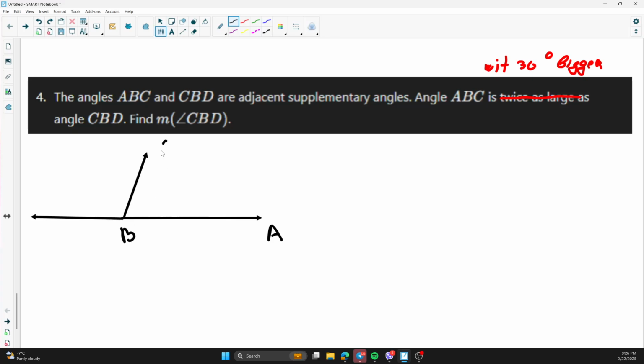So you have ABC and CBD, right? Now this angle ABC is 30 degrees bigger. How should I write this into an equation?